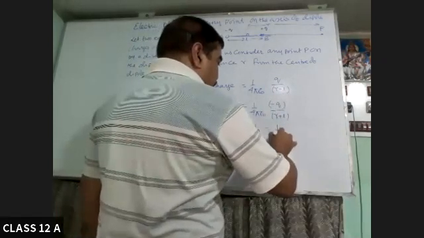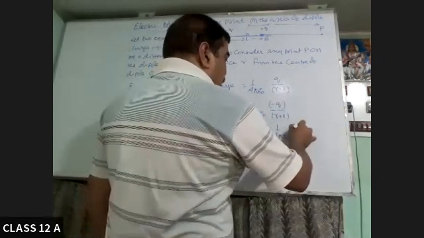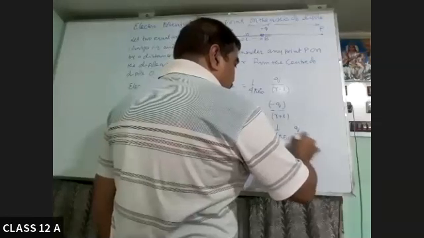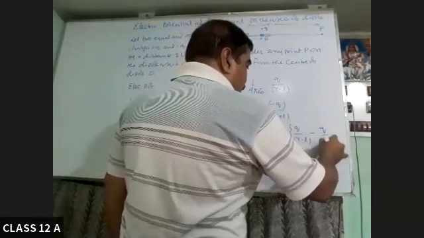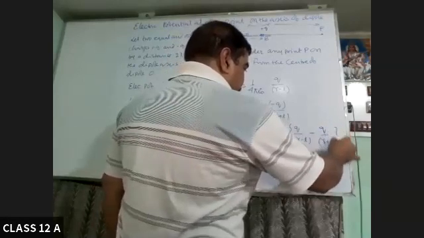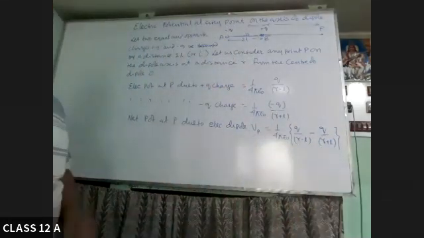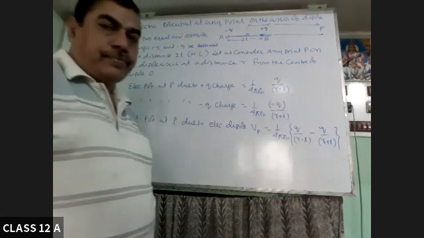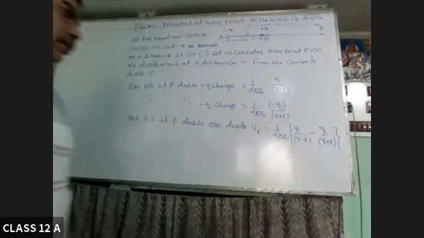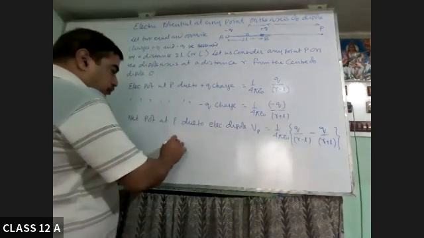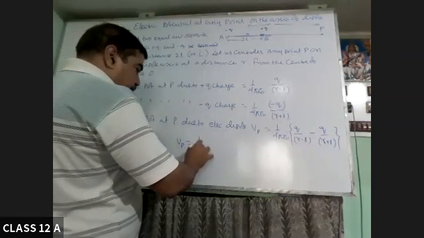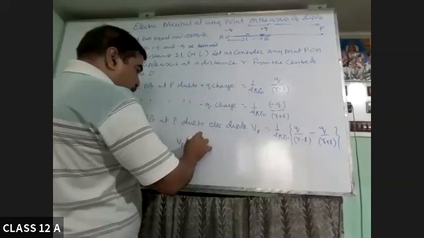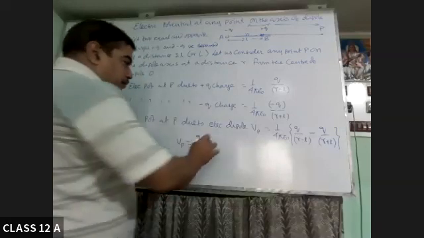So 1 by 4 pi epsilon naught, Q over R minus L, and this one will become minus Q over R plus L. Q will be common, Q by 4 pi epsilon naught.